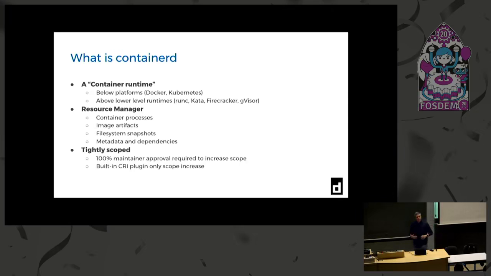And we've tried to remain tightly scoped. A lot of people early on said, oh, Containerd is going to become another Docker and have all these features. Our governance requires 100% maintainer approval to increase scope. And the only thing we've really changed from that initial scope in 2016 is adding the CRI implementation into Containerd itself.